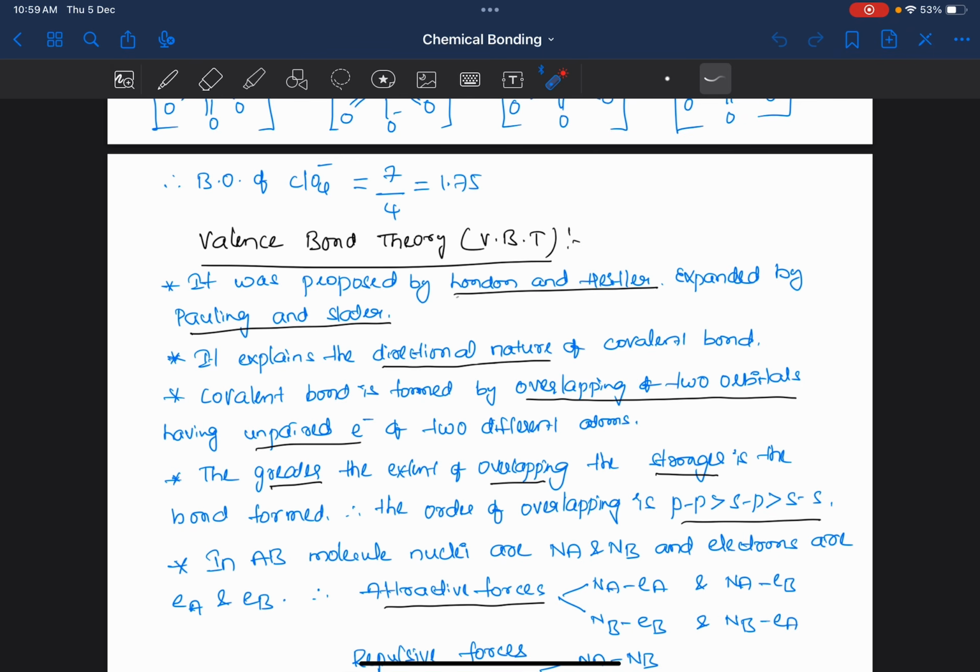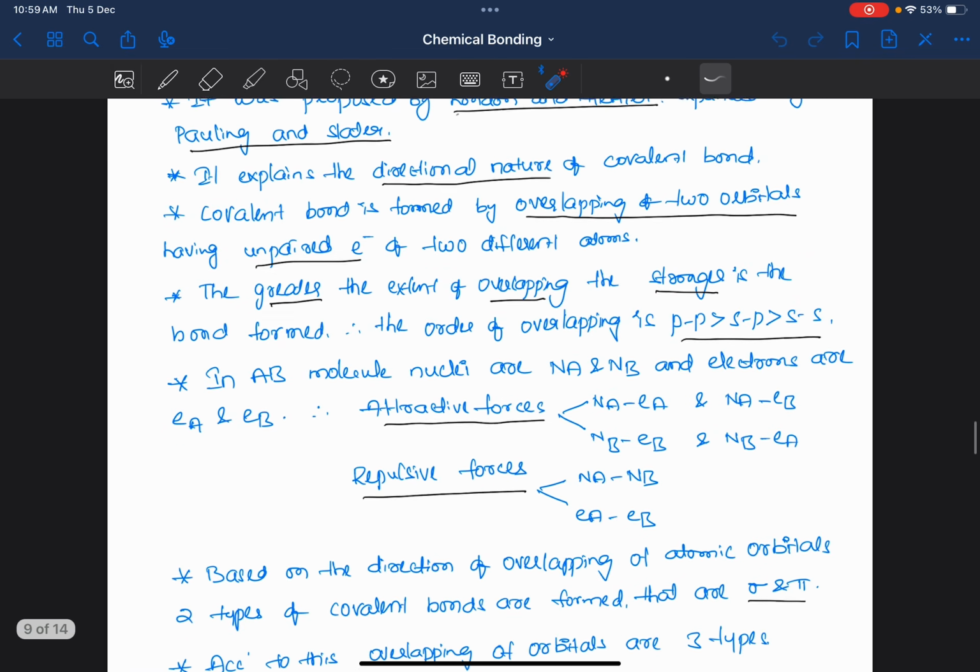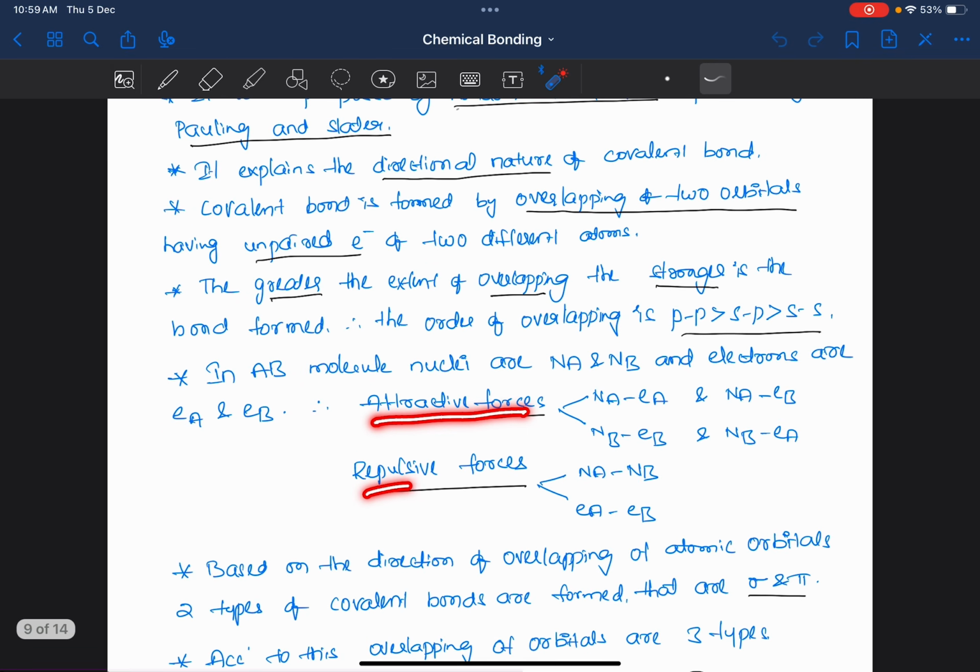Suppose you take an AB molecule. In this AB molecule, two nuclei are present, Na and Nb, and the electrons are represented as Ea and Eb. Between these nuclei and electrons, which types of forces occur? Attractive forces and repulsive forces. Attractive forces are always present between oppositely charged particles.